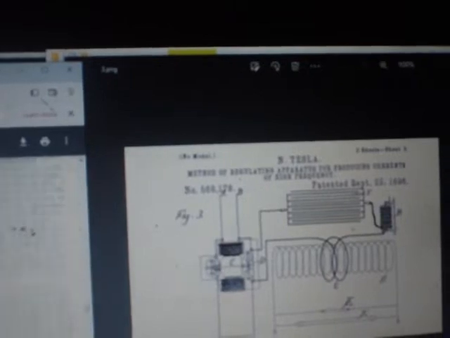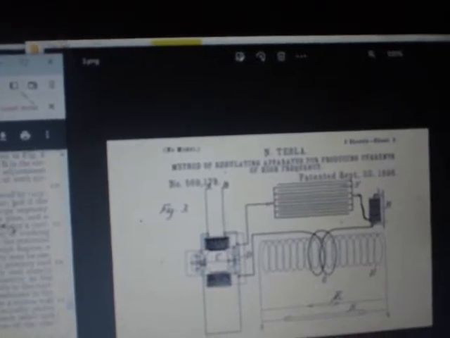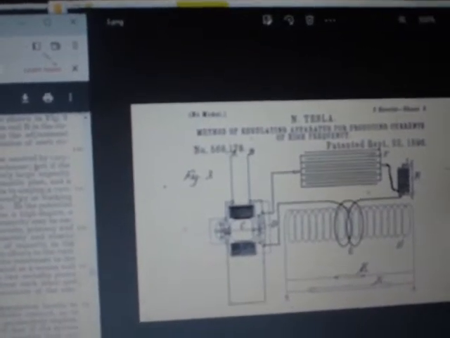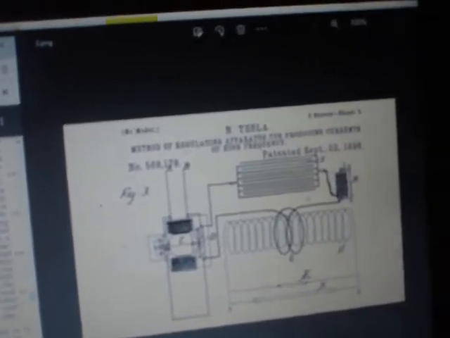The same results would be secured by varying the capacity of the condenser. But if the condenser were of relatively large capacity, this might be an objectionable plan, and a more practical method is to employ a variable condenser in the secondary or working circuit as shown in figure 3.